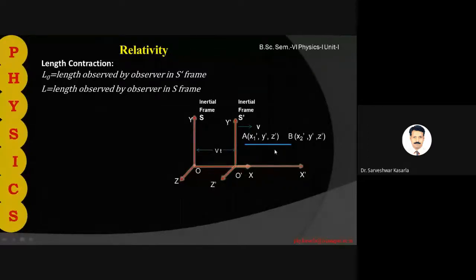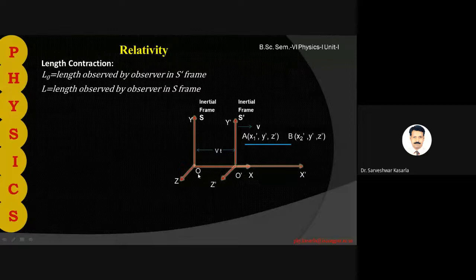So there is no coordinate variation along the y-axis and z-axis, so its length can be measured by simply subtracting the x coordinates, that is x2 dash minus x1 dash gives the length of rod AB, with respect to the observer O dash.